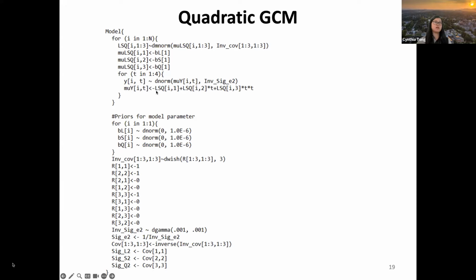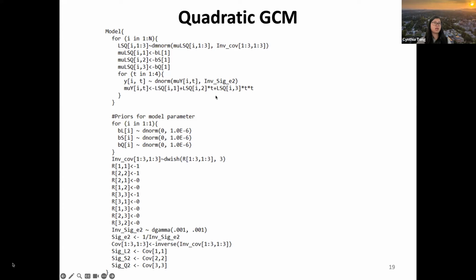So we have LS1, which is the intercept term, and this is a coefficient for the linear term times t, and then this is a quadratic coefficient times t squared, or t times t, okay?